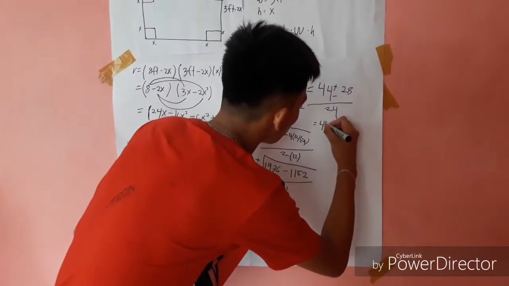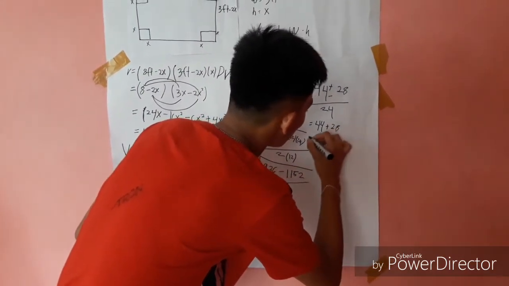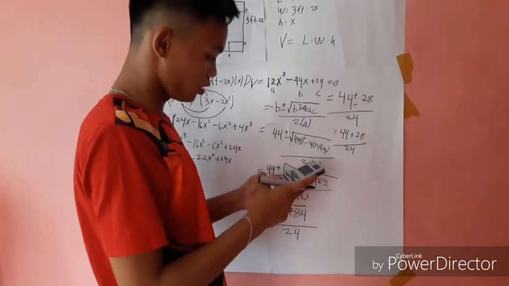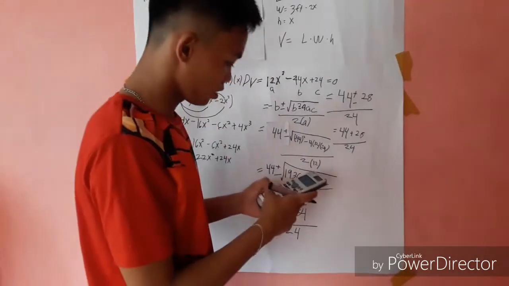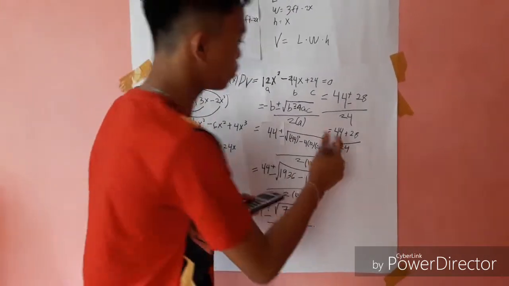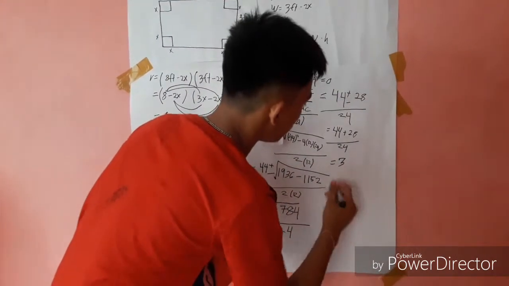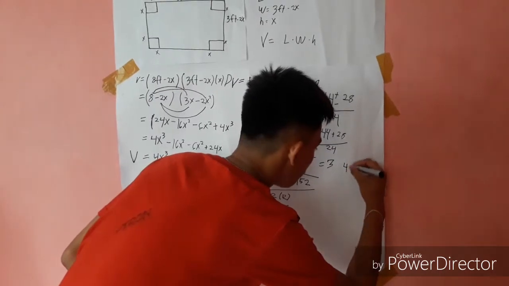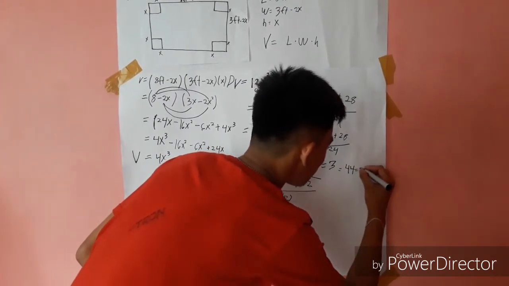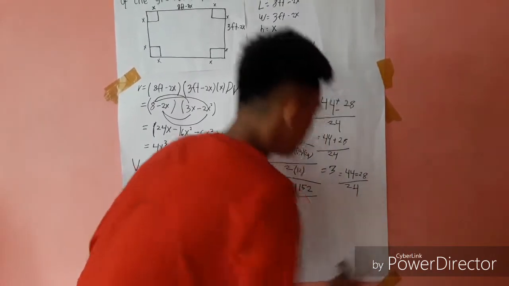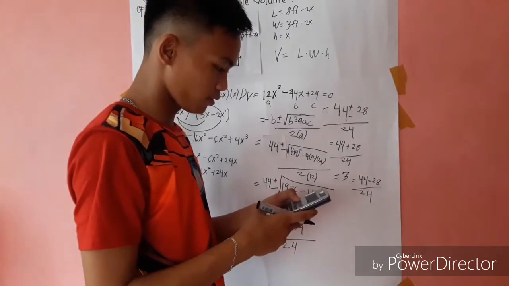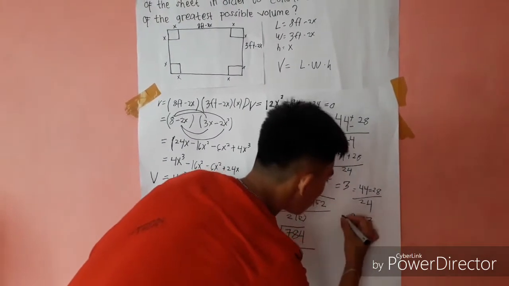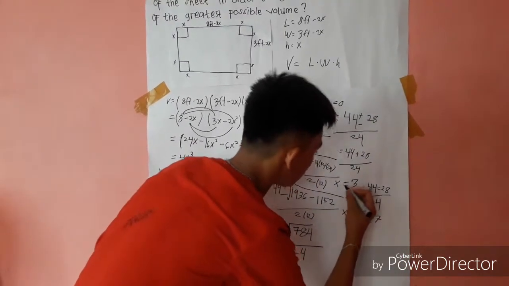So mine equals 44 plus 28 all over 24, so 44 plus 28 all over 24 is equal to 3, and then minus: 44 minus 28 all over 24, and the answer of that is 0.67. This is our x1, and this is our x2.